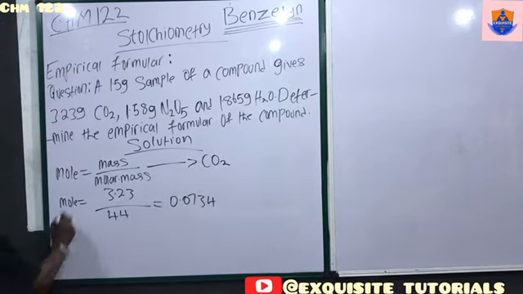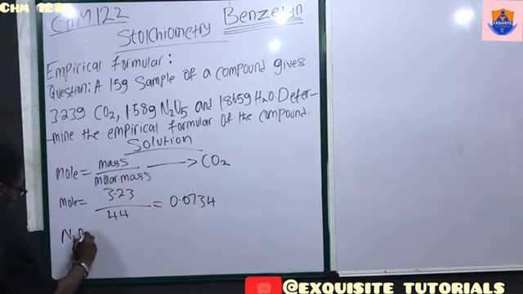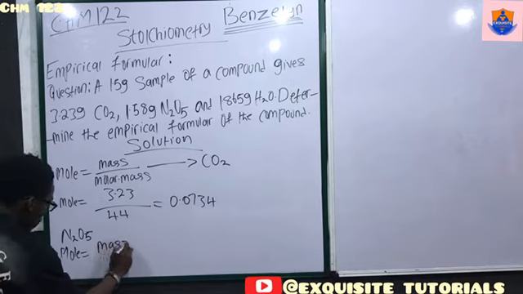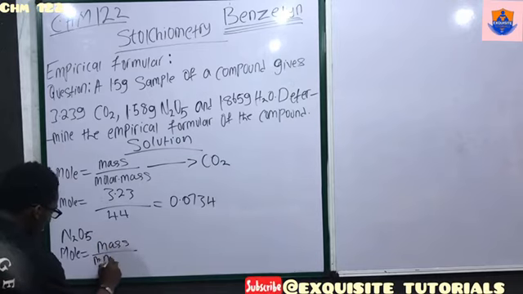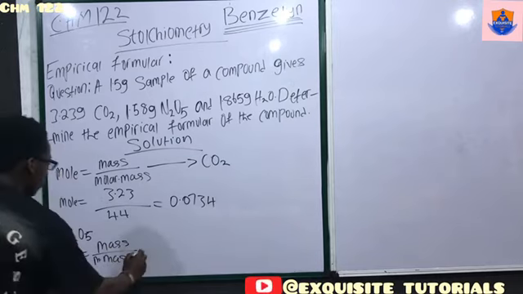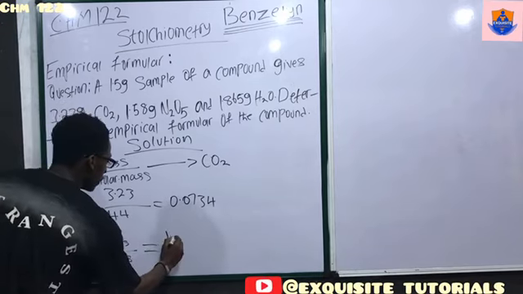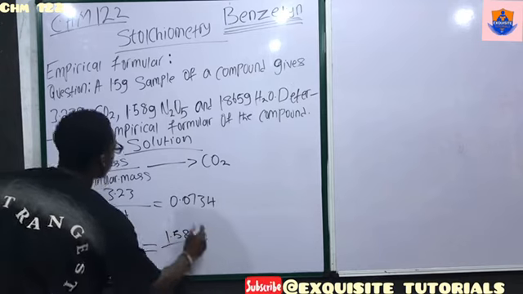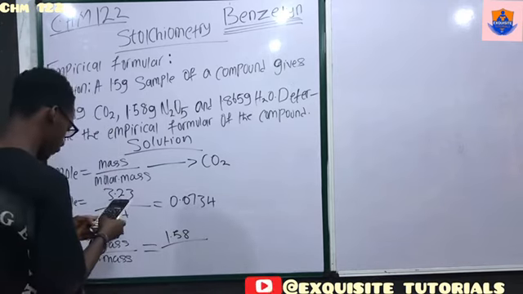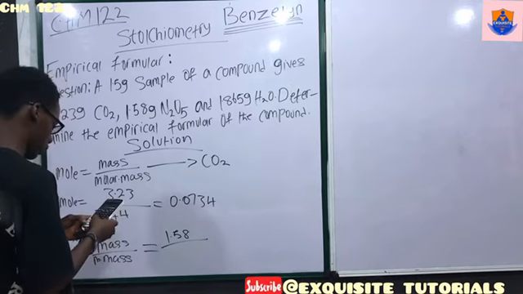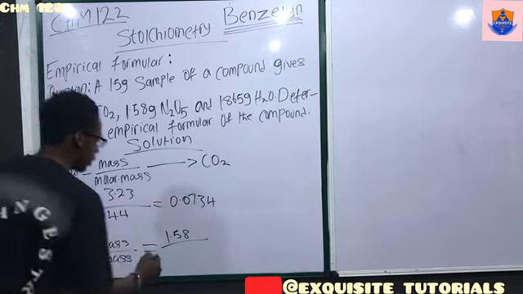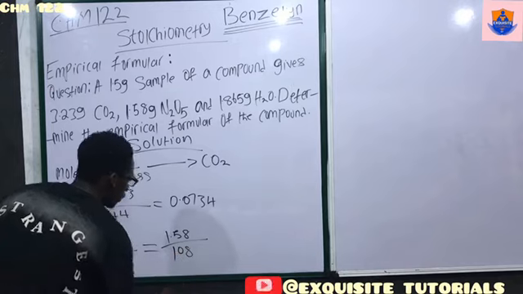Now for N2O5, we have mole is equal to mass over molar mass. The mass of this compound is 1.58 over the molar mass of this compound, which is 108.